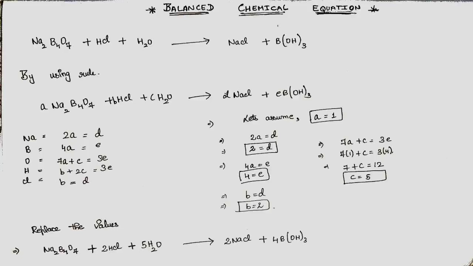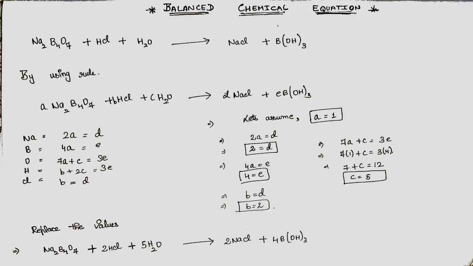Same for boron, 4A equals E. For oxygen, in the reactant side it is 7A plus C and in the product side 3E, and for hydrogen B plus 2C equals 3E. For chlorine, B equals D. So like this you can write them all, and let us assume A equals 1.